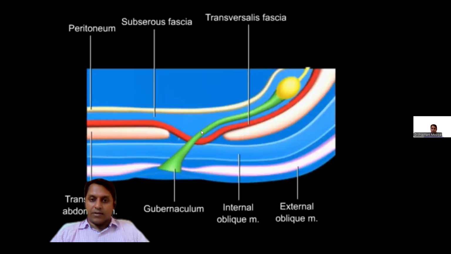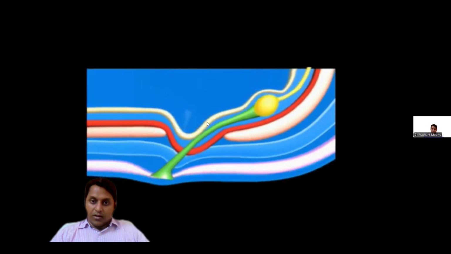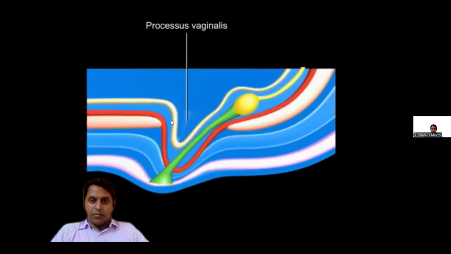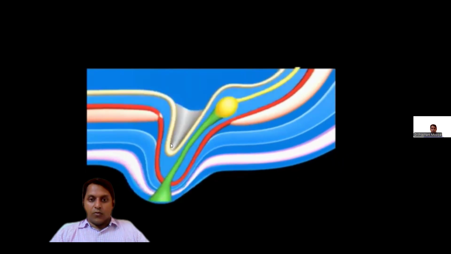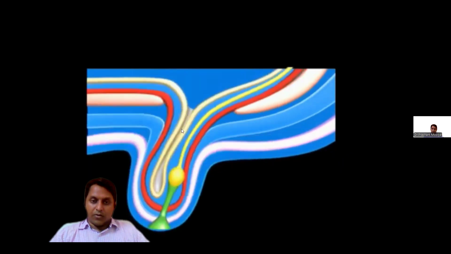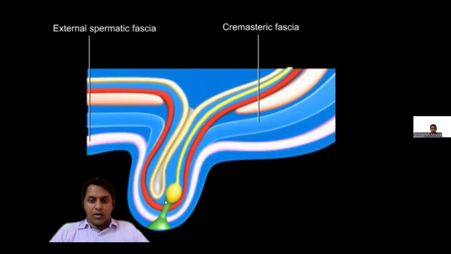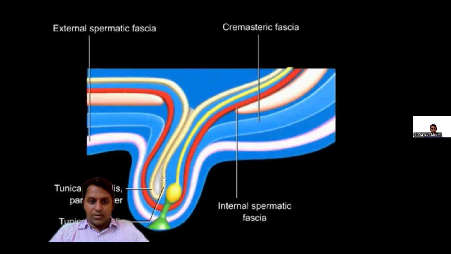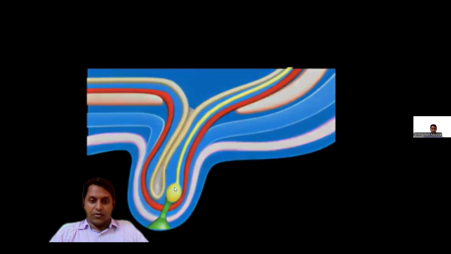The gubernaculum acts as a guiding force for the testis to descend, and the processus vaginalis will later get obliterated to form the tunica vaginalis, with parietal and visceral layers around the testis.